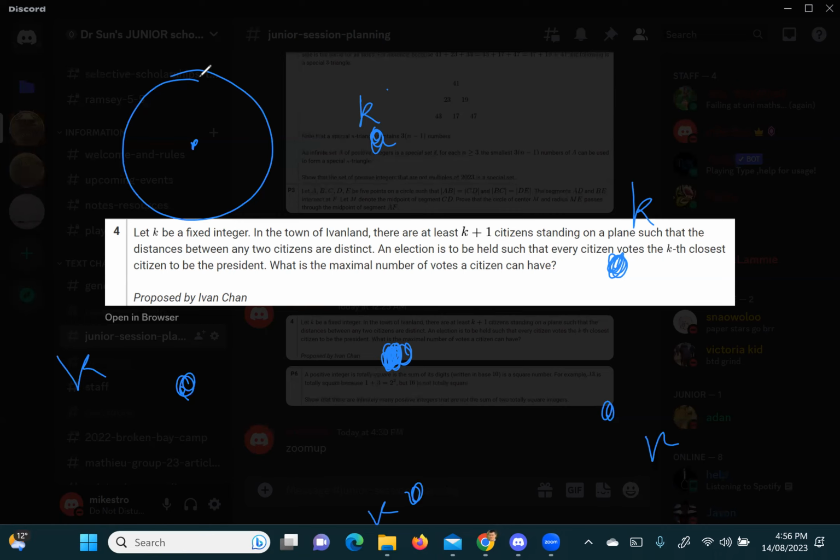Yeah, so if you put a regular pentagon, it's like 72 degrees. The answer has to be multiples of k, right?